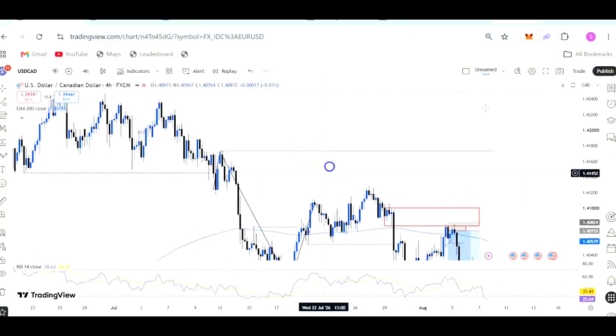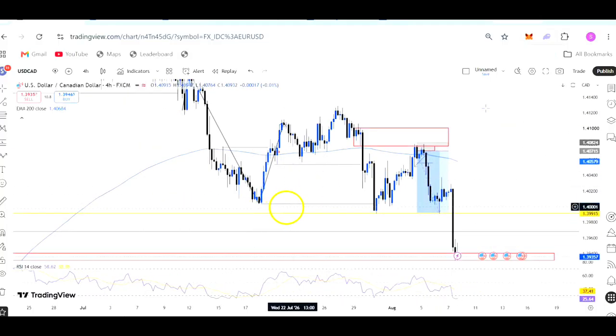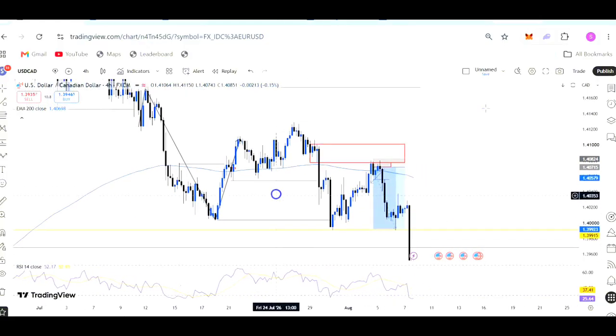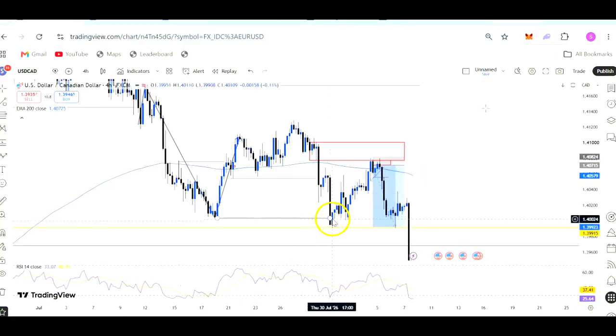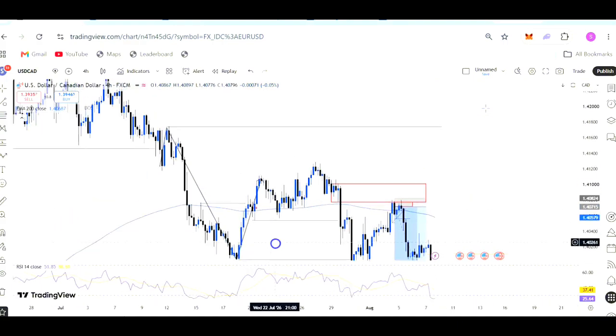Because this is the lower high that leads to this lower low we have here, which we've also marked out, anything that makes this low taken out means the market is going to form another low. So this is the low, this is the high.